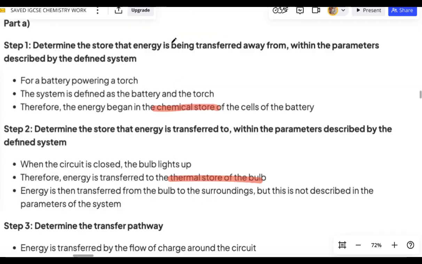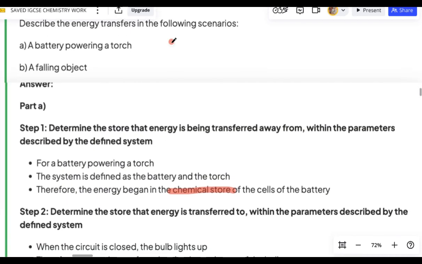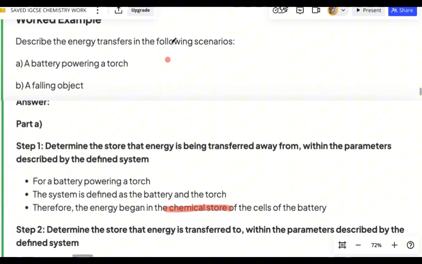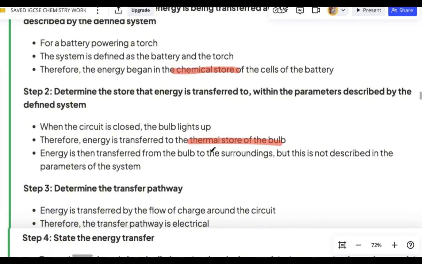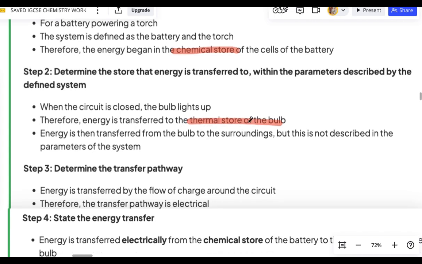Energy from the battery is transferred from the chemical store of the battery to the thermal store of the bulb that lights up, and the energy is transferred by the flow of charge around the circuit. Therefore, the pathway is electrical.